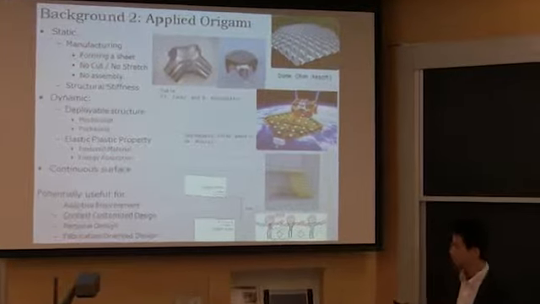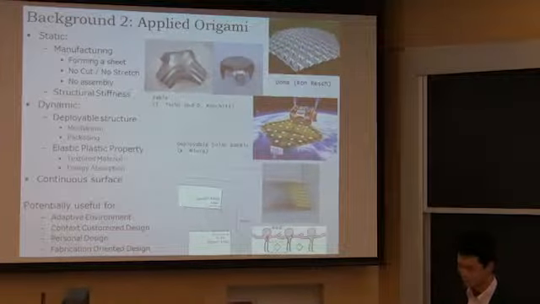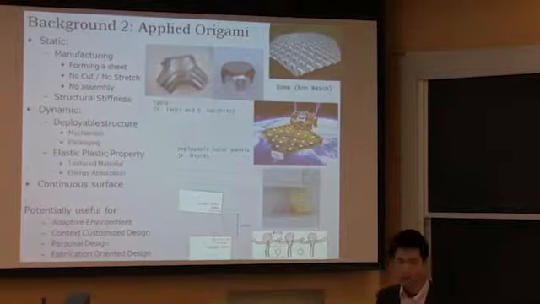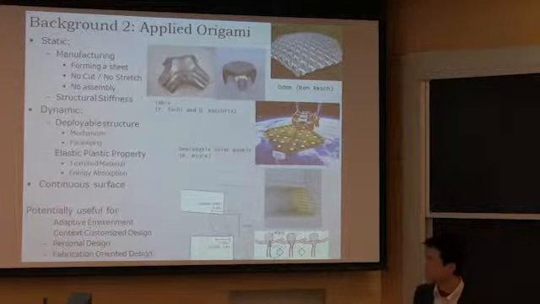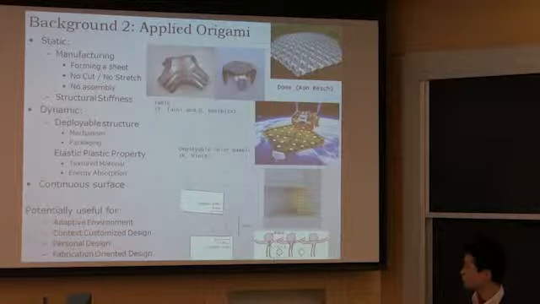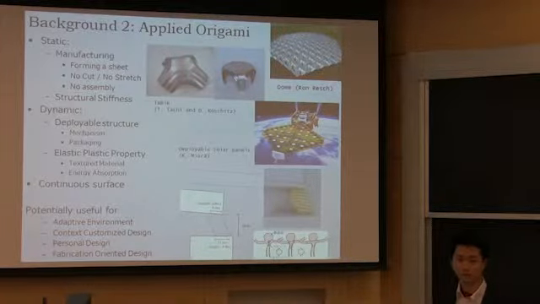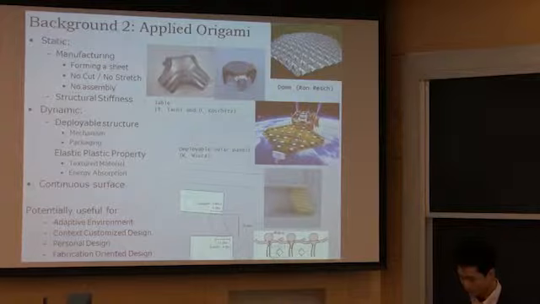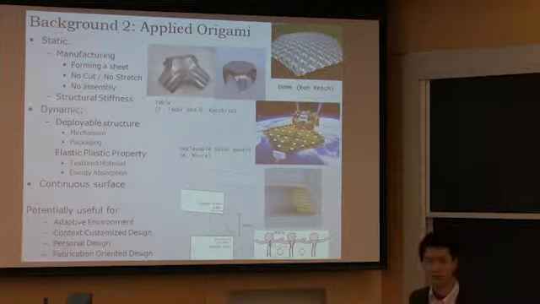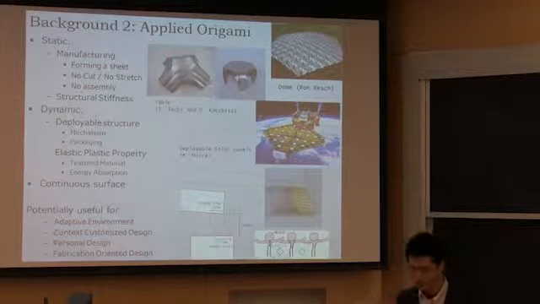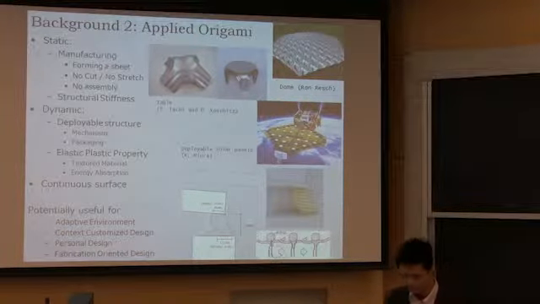For example, we can use sheet folding for manufacturing a 3D surface, or use it for increasing the structural stiffness. These are examples of 3D surfaces formed from a sheet of metal.